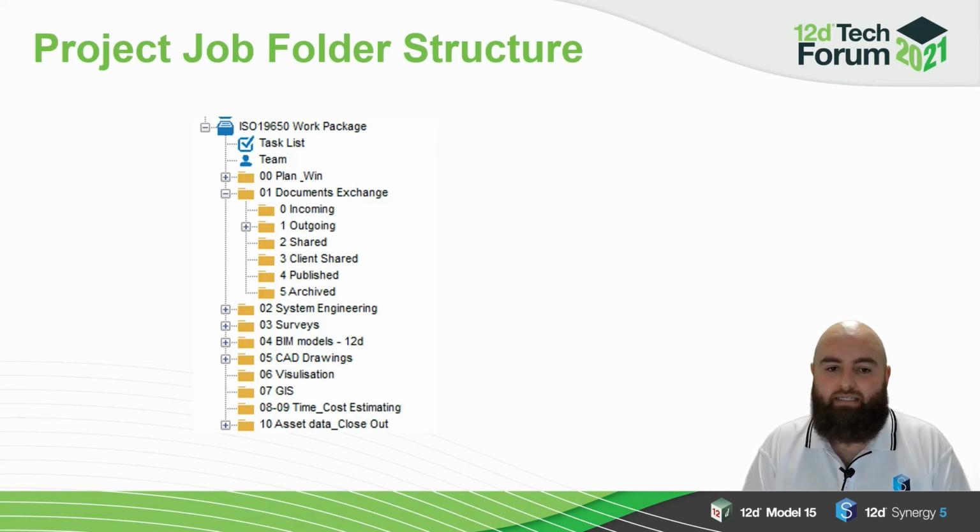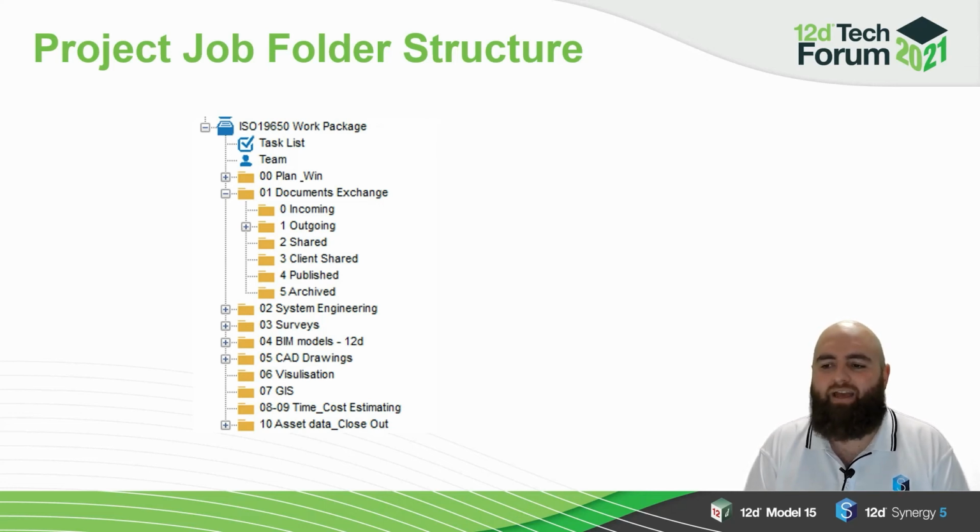So the example we have here is based off the Transport for New South Wales ISO 19650 folder or job structure. Now, you might find you need to make minor practical adjustments to the advised standard or practice being implemented. That's fine, as long as you can still achieve your core goals and as long as it is relatively common across your projects so everyone knows where things will be.